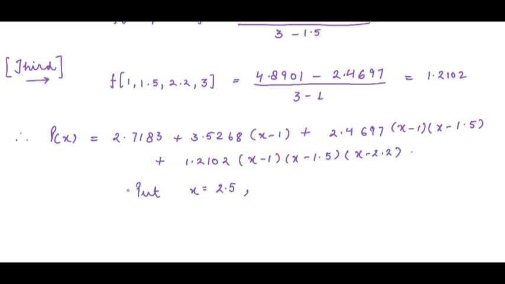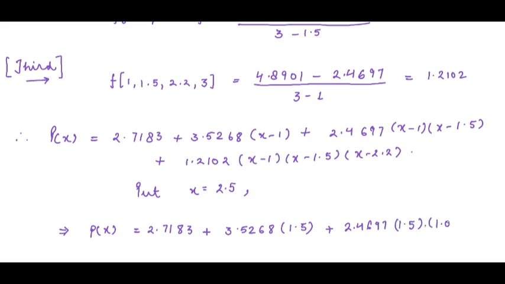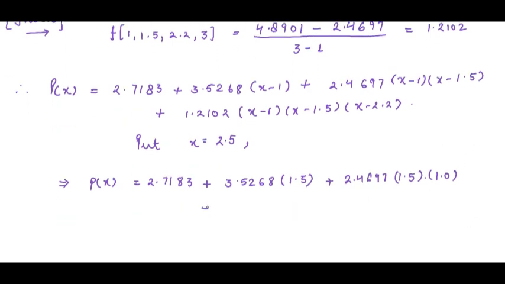Now putting the value x equals 2.5, the polynomial at 2.5 becomes 2.7183 plus 3.5268 multiplied by 1.5, plus 2.4697 multiplied by 1.5 multiplied by 1, plus 1.2102 multiplied by 1.5 multiplied by 1 and multiplied by 0.3.